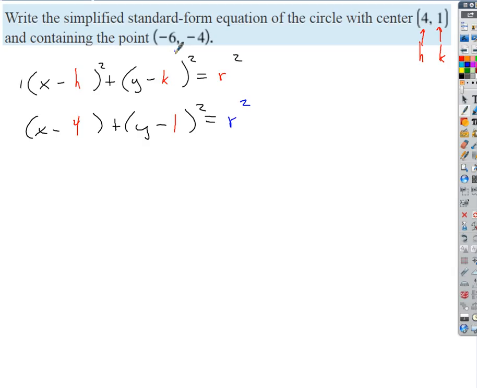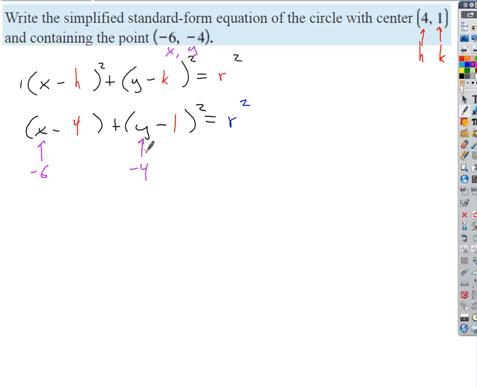So we could plug in this x value and that y value: negative 6 goes in for x, negative 4 goes in for y. Then what's the only unknown going to be in this whole equation? Yeah, r squared. I'm putting in numbers for x and y, and I've already got numbers in for h and k.